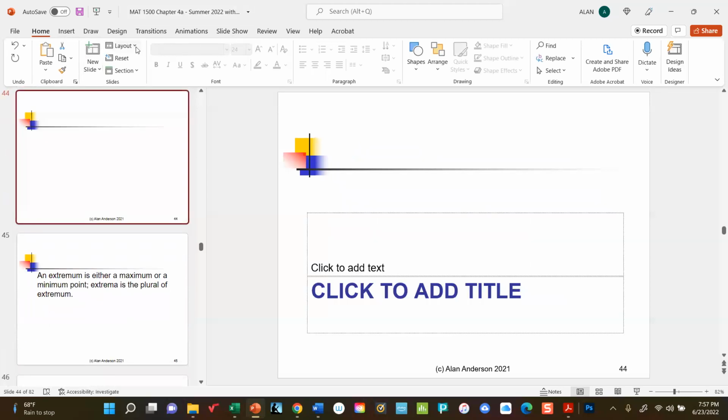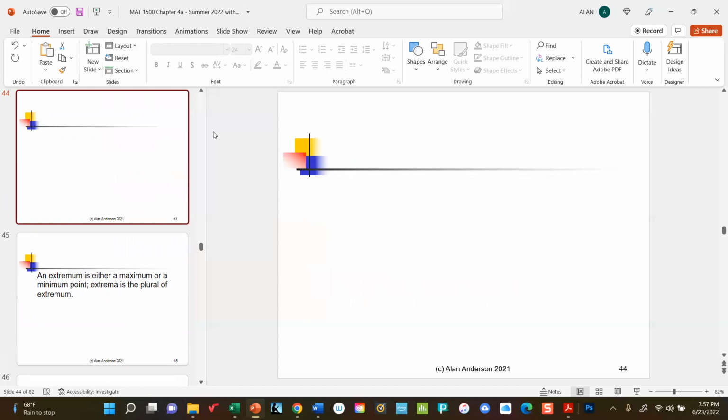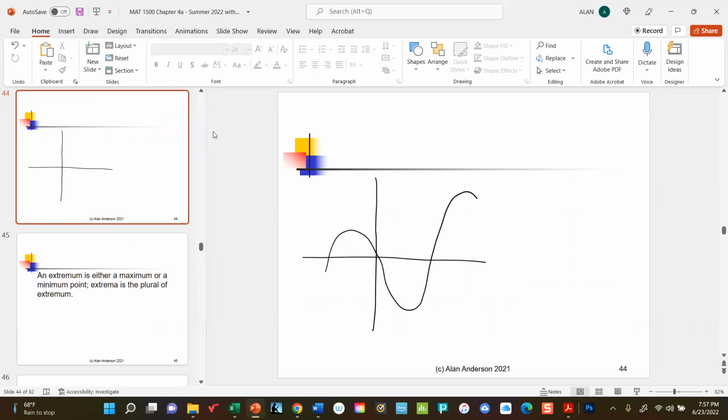Let's try something like this. This is some weird function, and you can see that what happens is it reaches these little peaks and these little valleys, I guess you could call them.